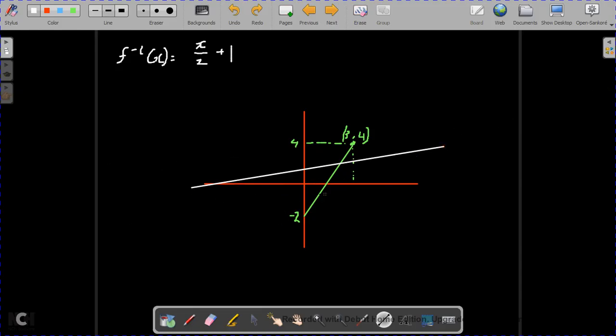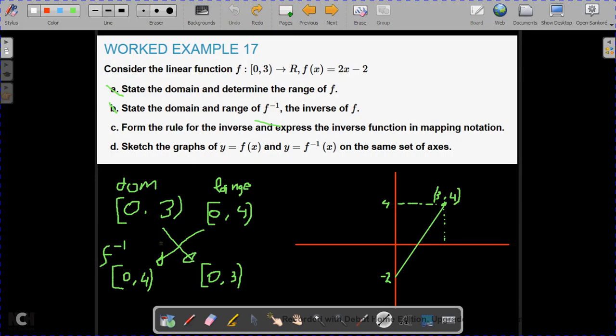Now, the other thing to remember is what our domain is, so from 0 to 4, and our range goes from 0 to 3.